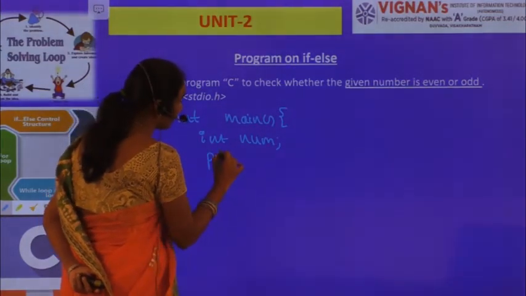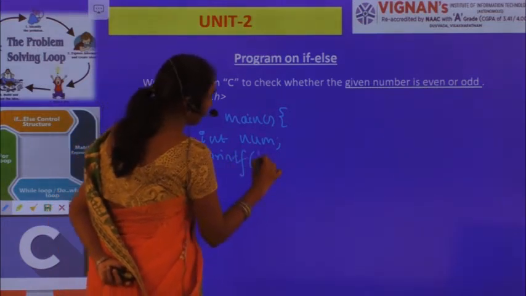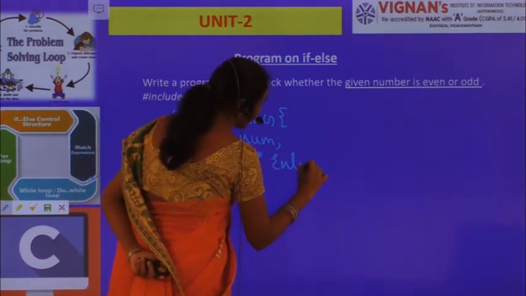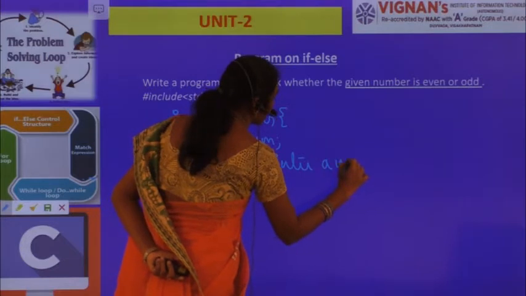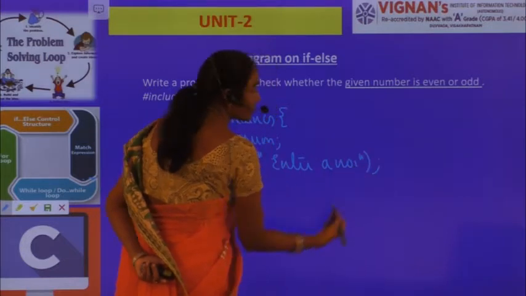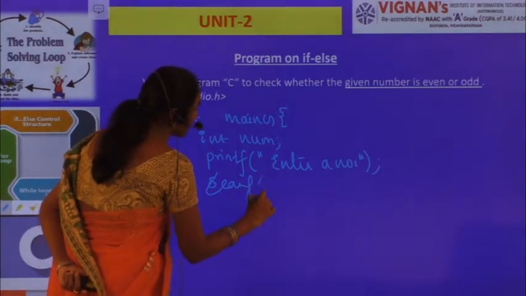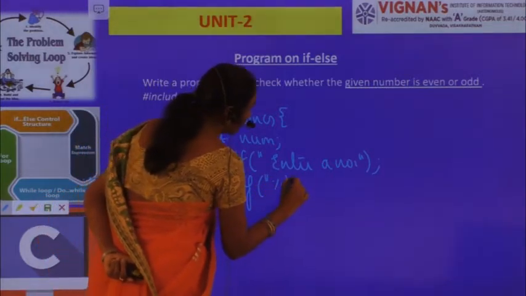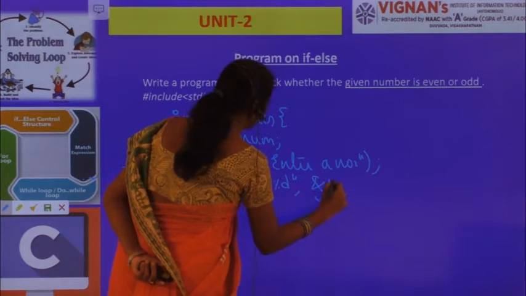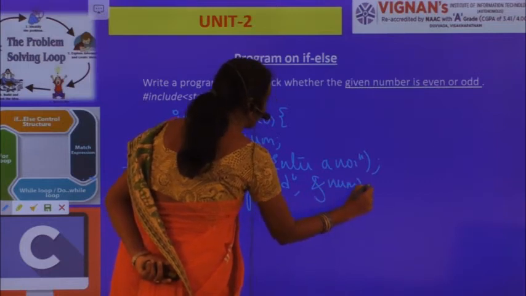Printf, enter a number, which is used for displaying the message in the console, and then scanf percentile d, address of number, to read the number.